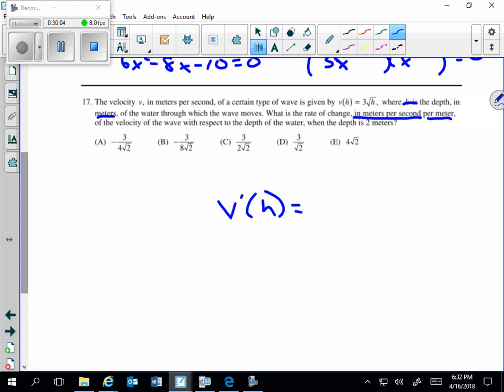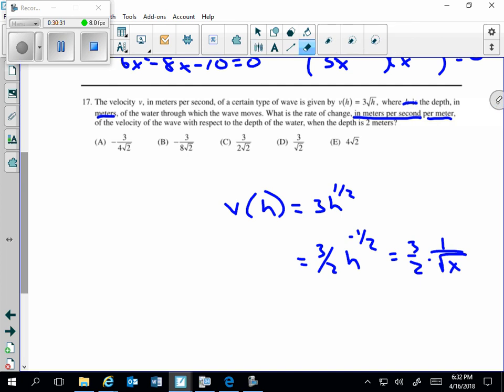Simple derivative. So I have 3h to the 1/2, that's not v prime yet, right? And so I get 3 over 2h, decrease the exponent by 1, I get negative 1/2. So this becomes 3 over 2 times 1 over the square root of h, which looks a lot like c. No?